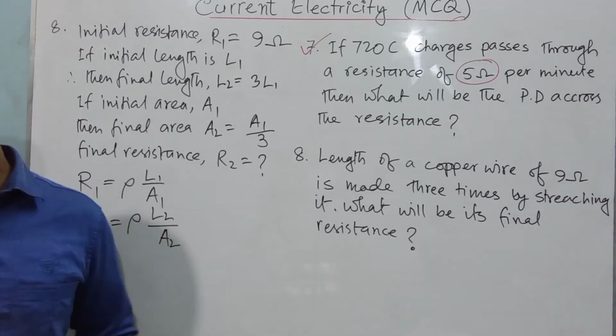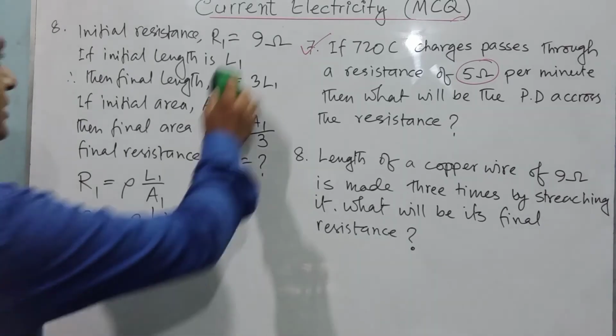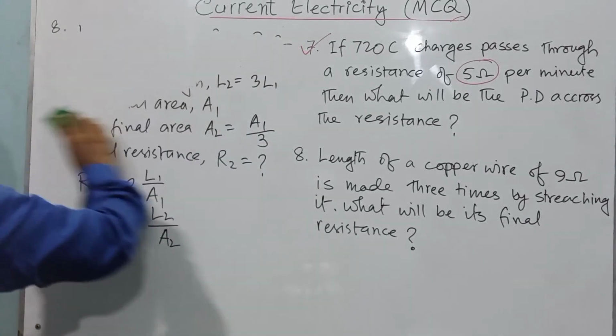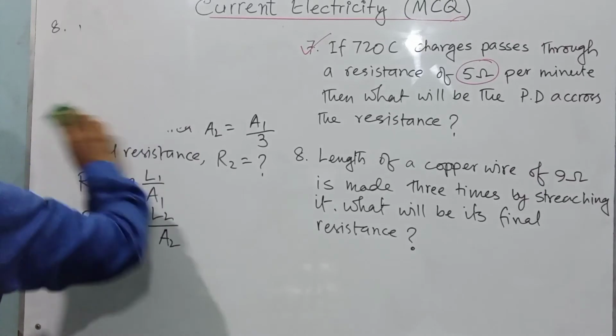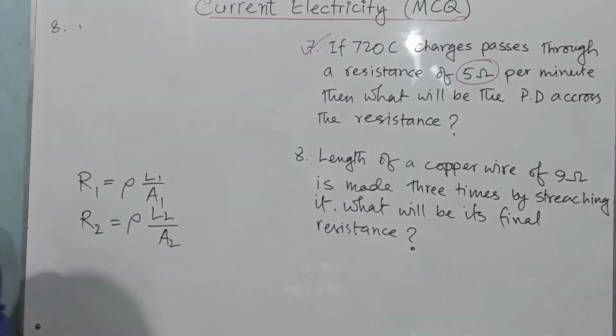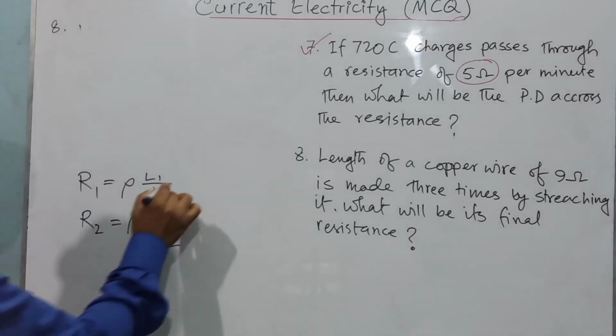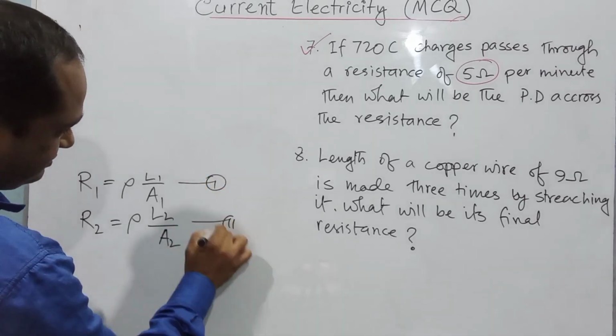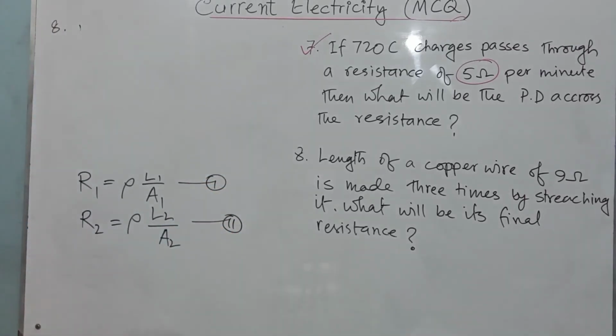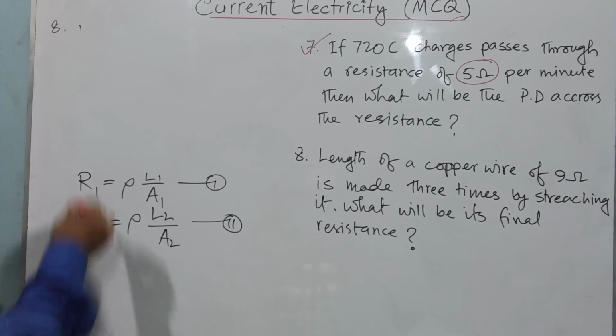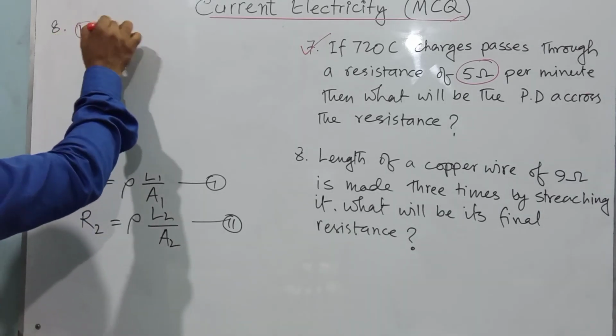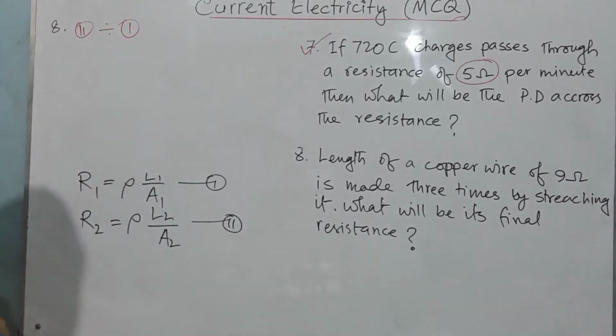Now we have to divide equation 2 by equation 1. Dividing 2 by 1.